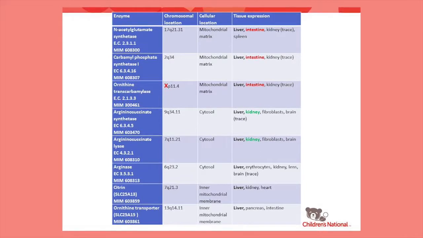The liver is where all of these show the greatest expression, but these top three, the proximal urea cycle enzymes, are expressed as well in the intestine, and these other two also in the kidney.